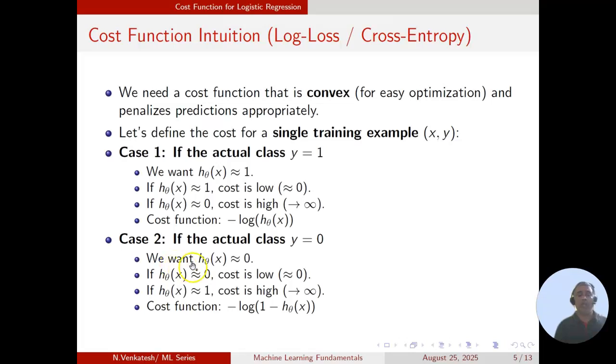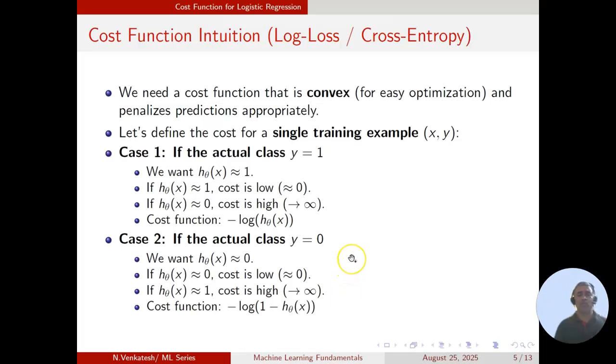We want our hypothesis to produce a probability that is near to 0. If it produces a probability near to 0, then the error should be low. And if it produces a value that is near to 1, then the error should be high, something like infinity. How are we going to get that? We are going to use minus log of 1 minus s theta of x.